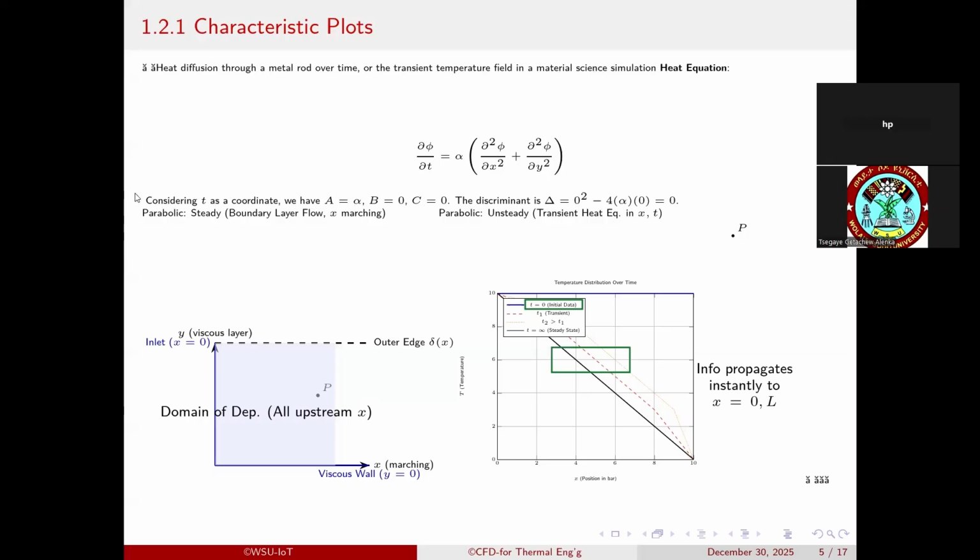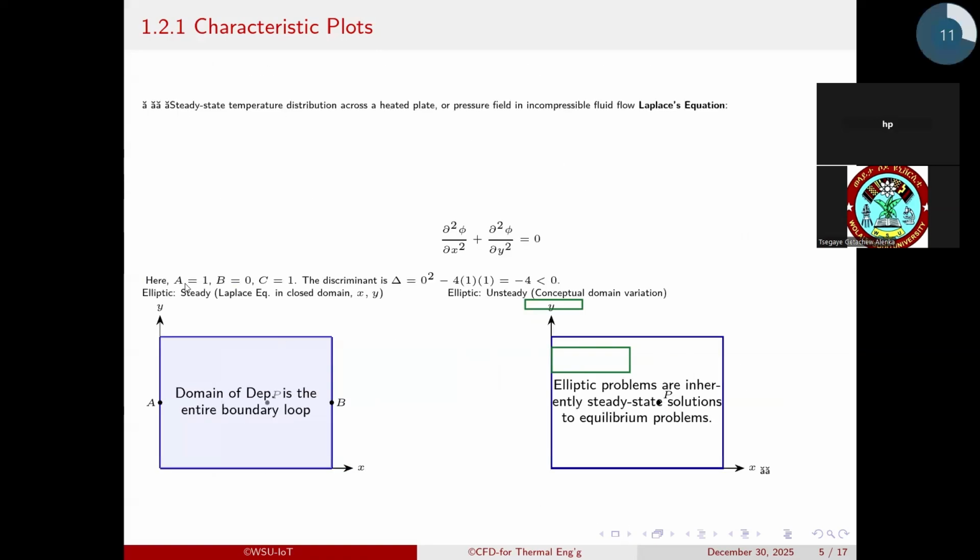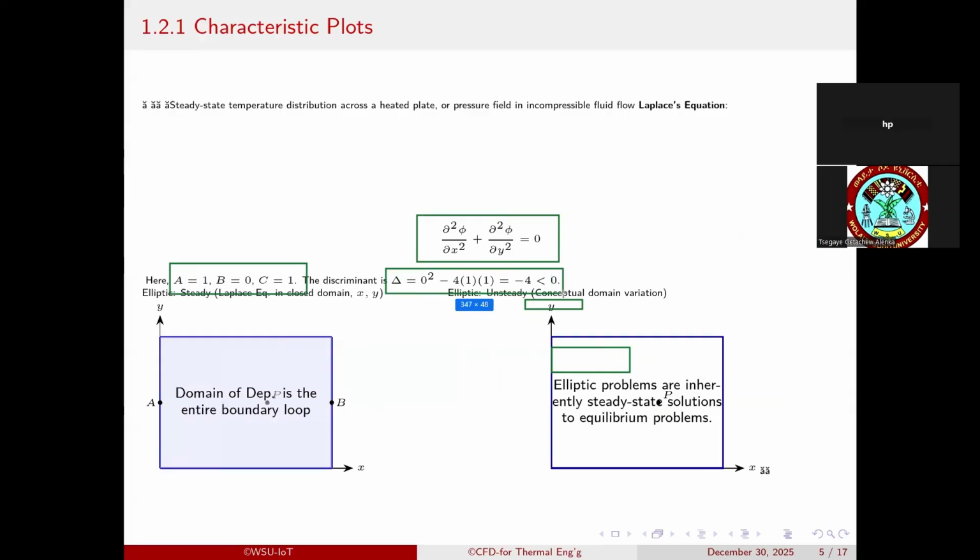The third equation: A equals 1, B equals 0, C equals 1. The discriminant is delta equals 0 squared minus 4 times 1 times 1, which is -4, less than 0. This implies that the equation is in the elliptic category.